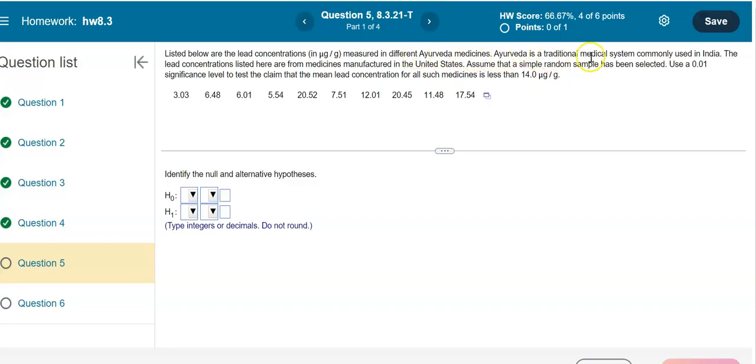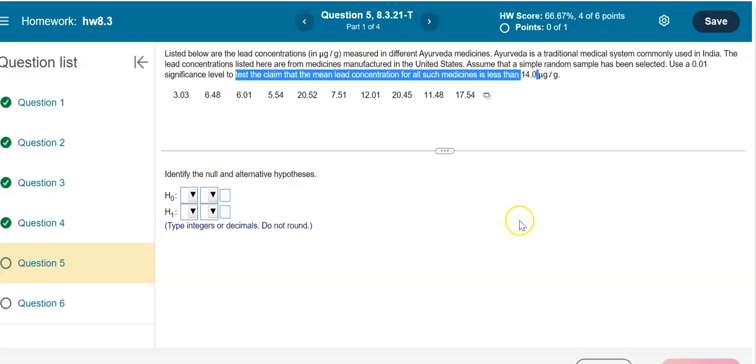Ayurveda is a traditional medical system commonly used in India. The lead concentration here is from medicine manufactured in the United States. Assume a simple random sample. Test the claim that the mean lead concentration is less than 14.